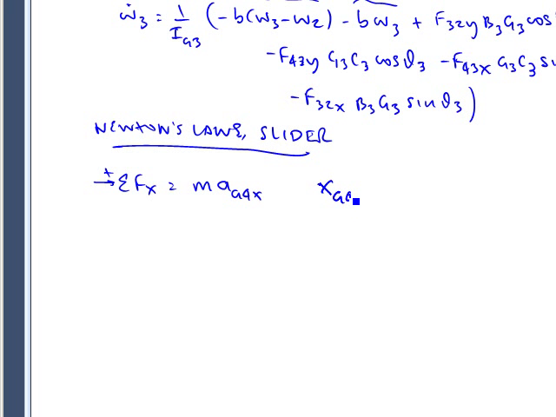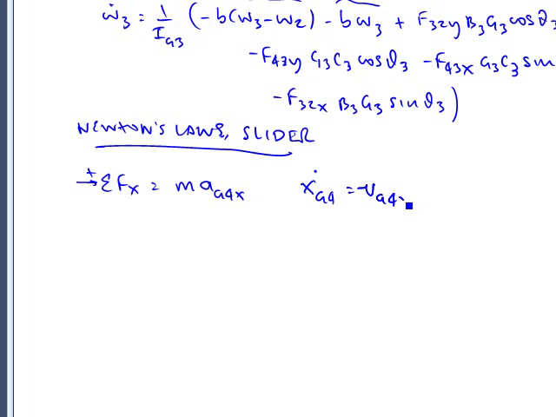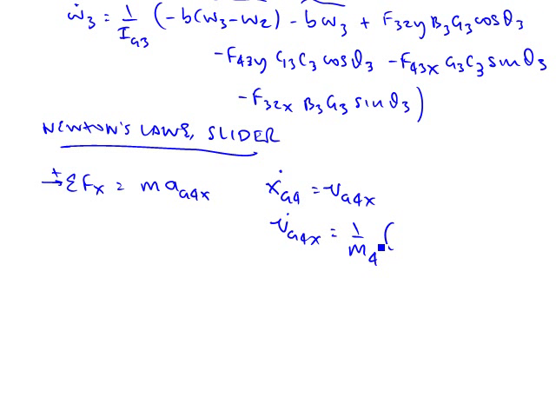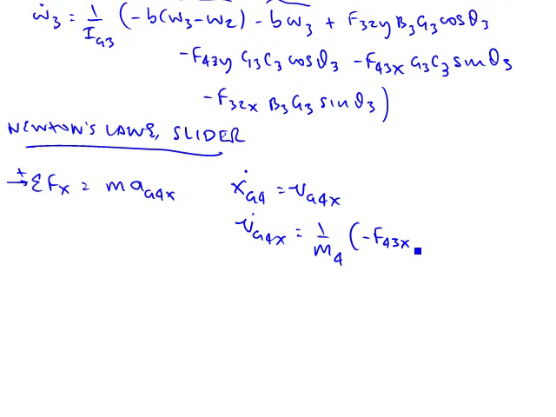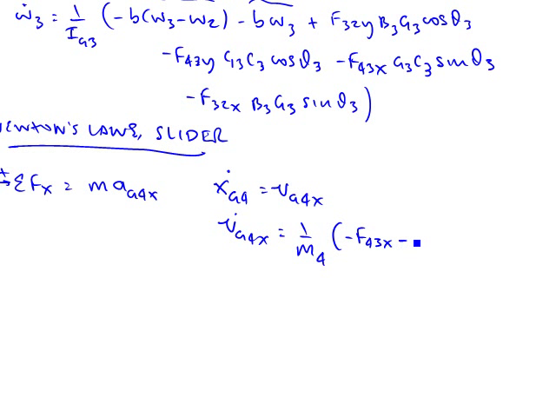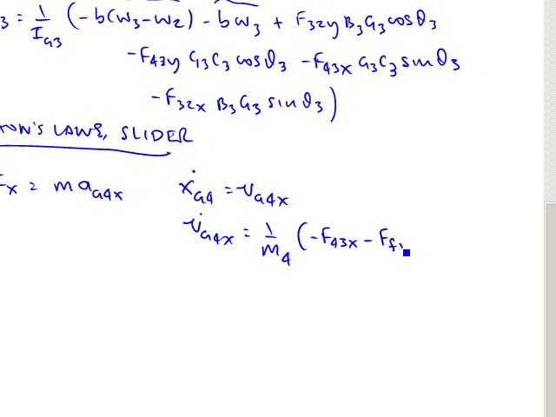So I have xg4 dot is vg4x. vg4x dot, the acceleration, is 1 over the mass. Now if you look back at your free body diagram, forces in the x direction, we had minus F43x already defined, minus the friction force, and I'll just write F fric here. We've already got a somewhat clumsy relationship for that with that absolute value and so on. I think those are the only two forces in the x direction.